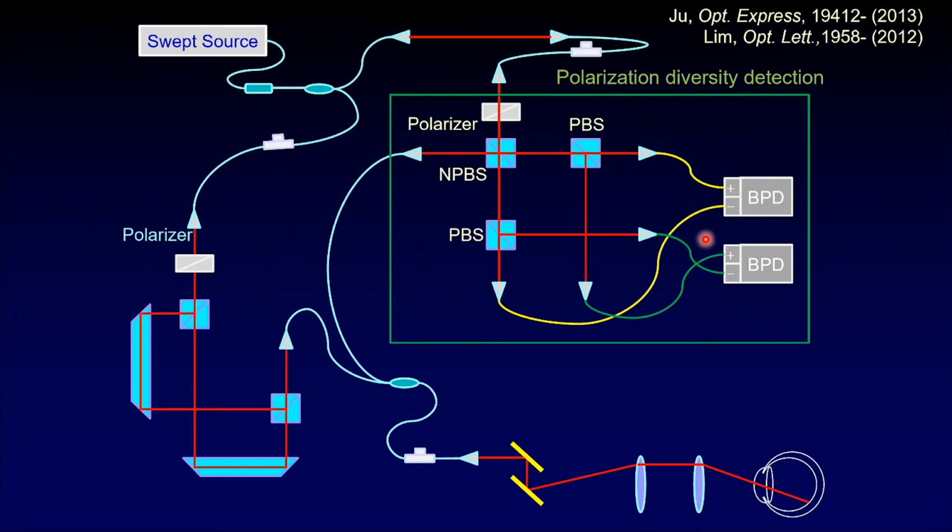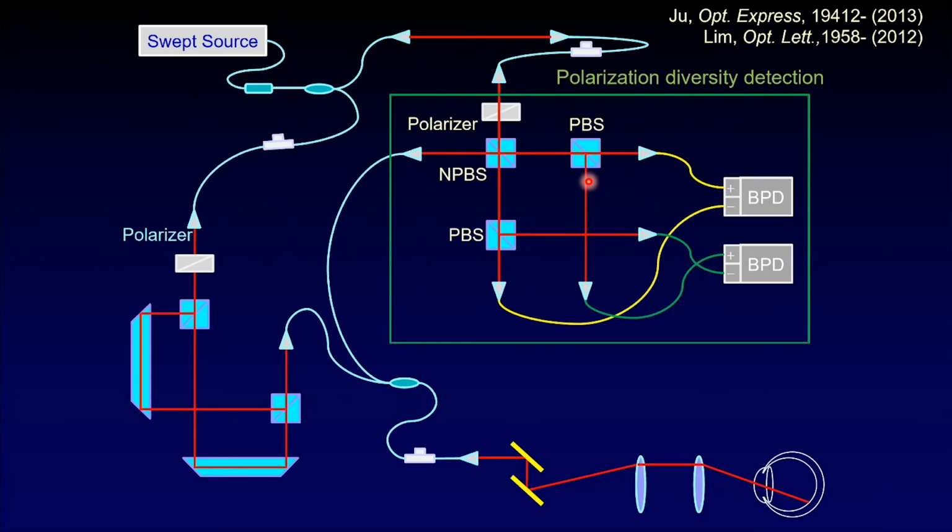And this BPD is for the balanced photodetector. We have two. Before doing the balanced detection, we put beam splitters here again. It's PBS, polarization beam splitter. So this means after making the interference signal, this interference beam is split into horizontal and vertical polarizations.